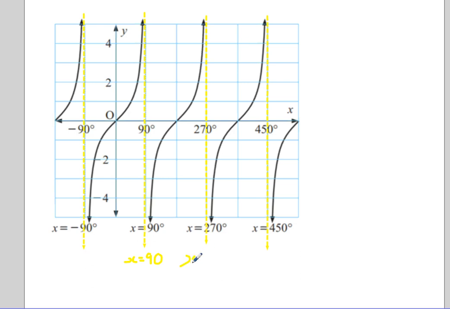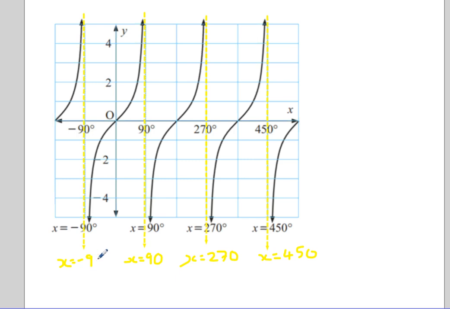I'm doing this on my laptop, so that's why the writing's a bit dodgy. I'll fix that x up later. x equals 450. And this one here is at x equals negative 90.